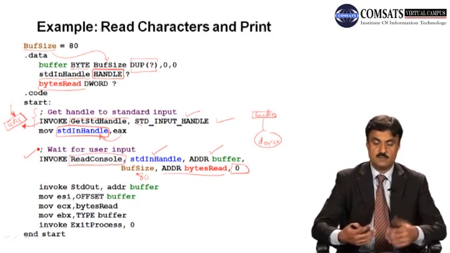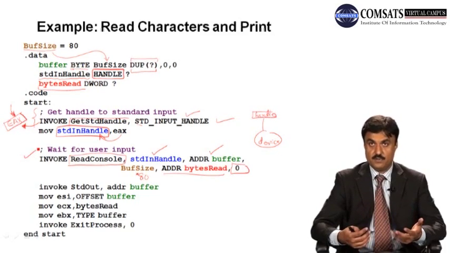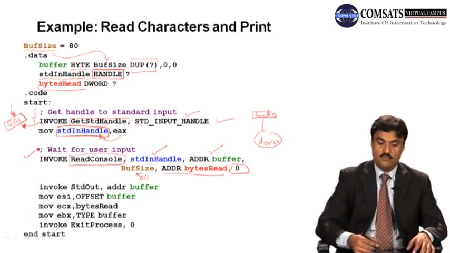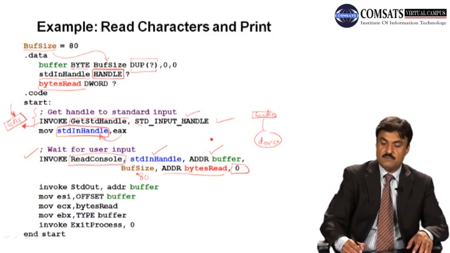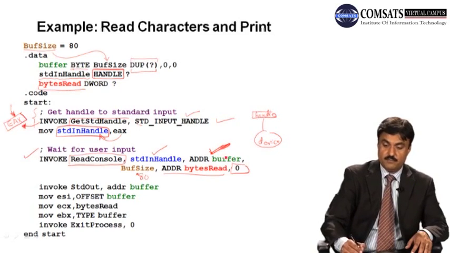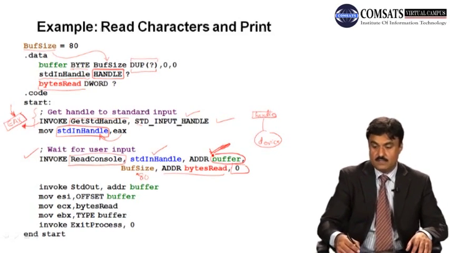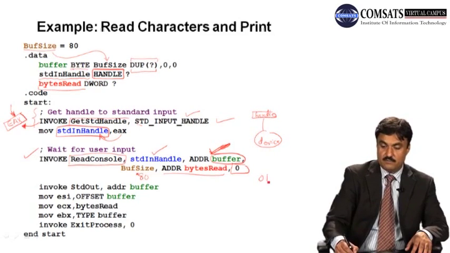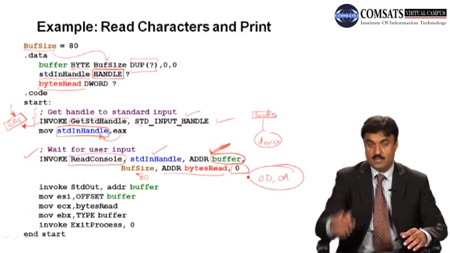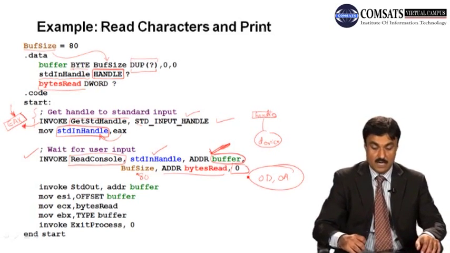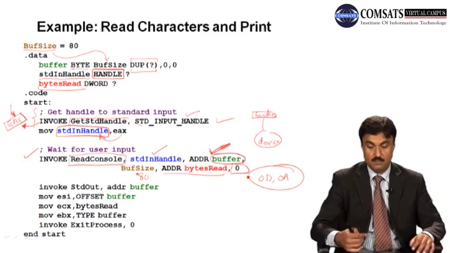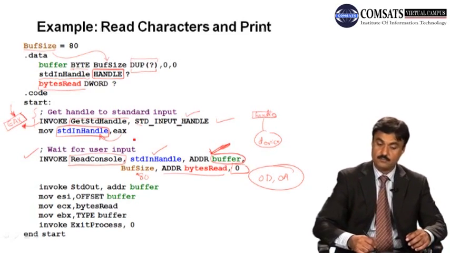Whatever the current cursor position is, it will wait for you to type. When you type something, you will receive all these characters inside the buffer, the variable named buffer here, along with the carriage return and line feed, 0D hexadecimal and 0A hexadecimal. When you press enter, carriage return and line feed are also part of this buffer, up to 80 characters.